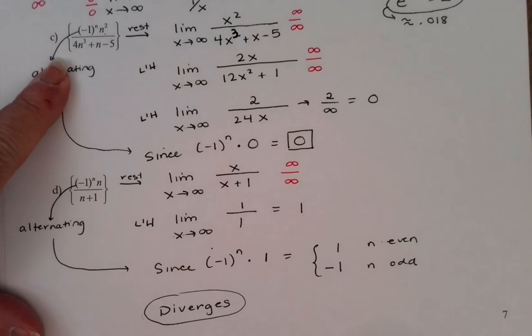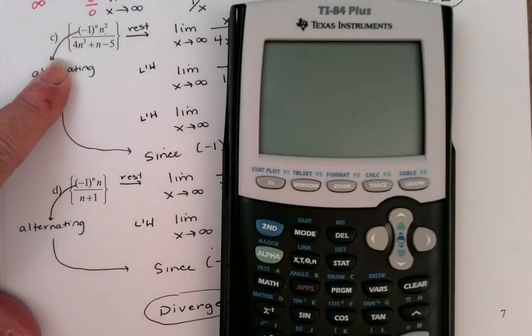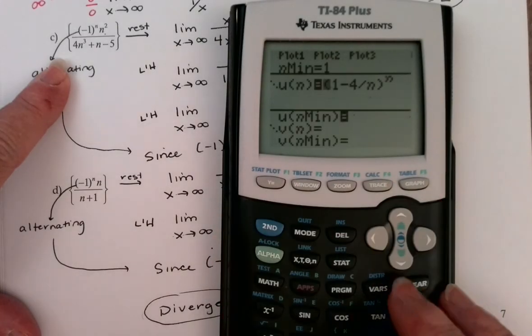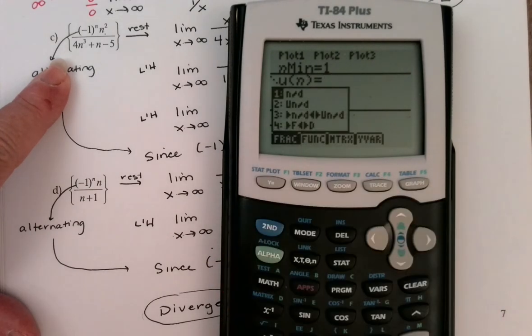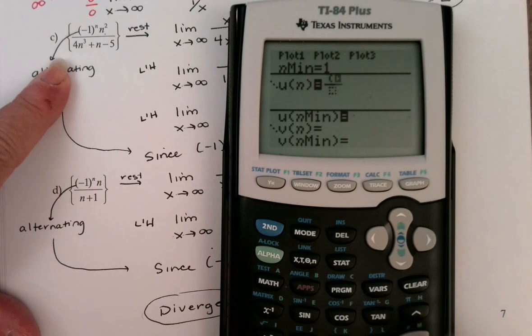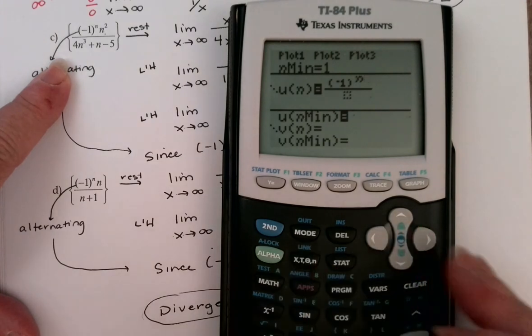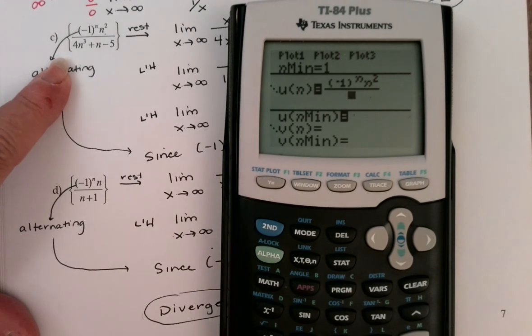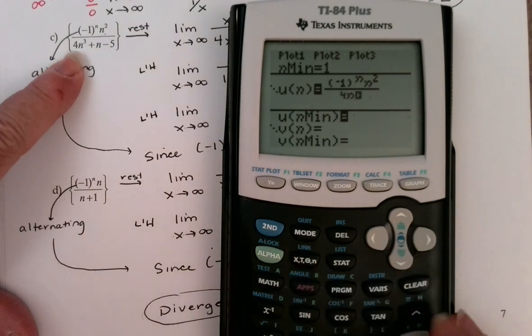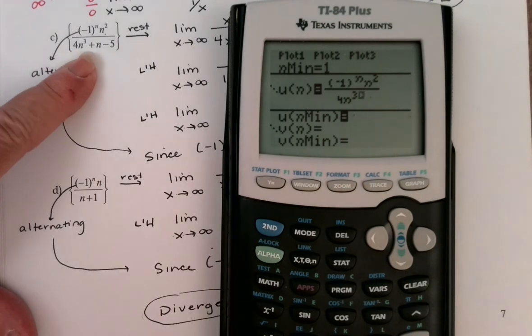I'm going to graph this one first. We have our negative 1 to the n power times n squared. And the denominator was 4n cubed plus n minus 5.